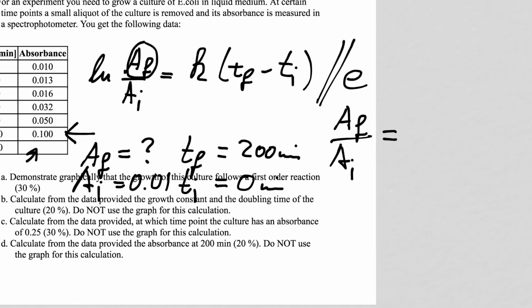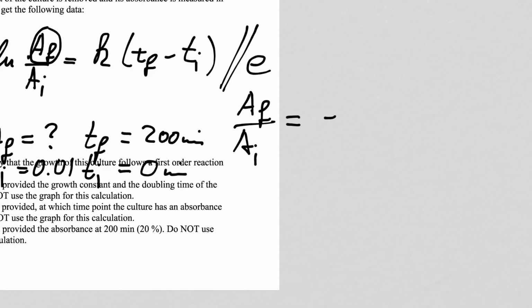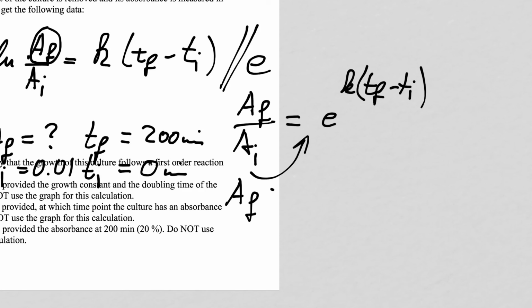And what do we have on the right-hand side? Of course, we have E to the power of K times T final minus T initial. We can bring this A initial to the other side, and we have A final equals A initial times E to the power of K times T final minus T initial.